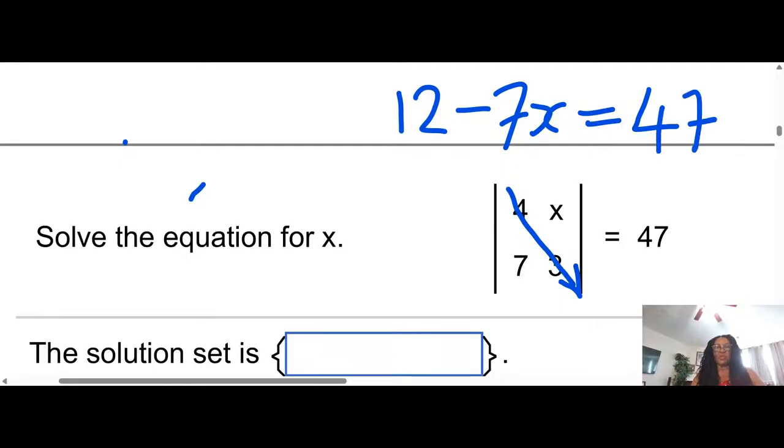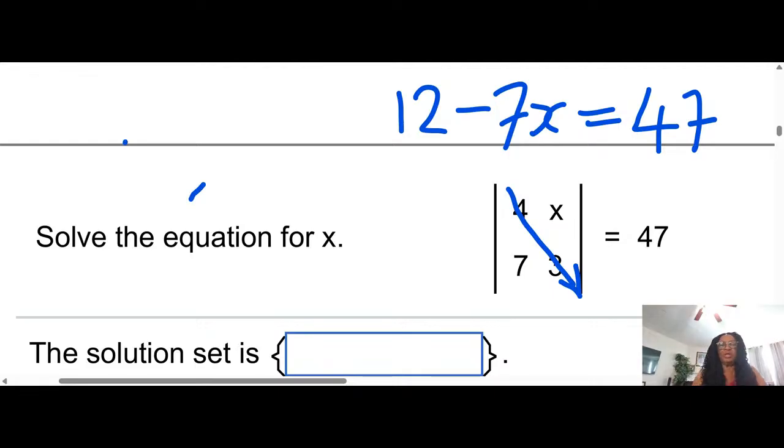Okay, so the question is solve for x. First, I have to evaluate the determinant and solve for x. And by the way, you are not allowed to use your calculator to do this.